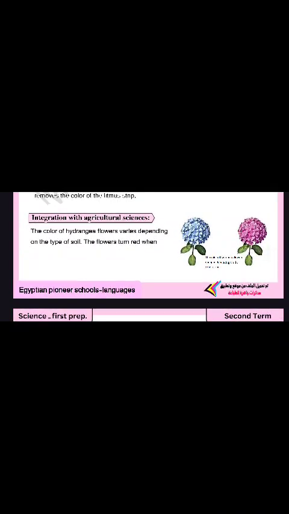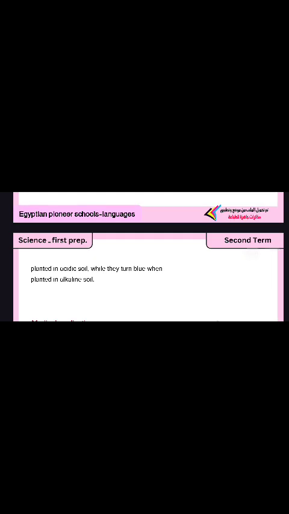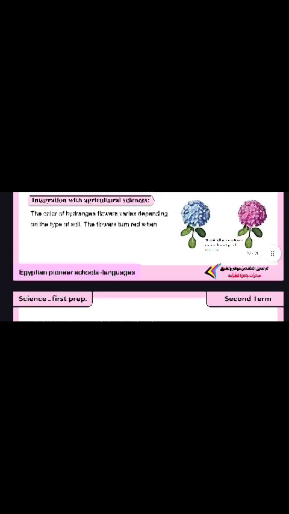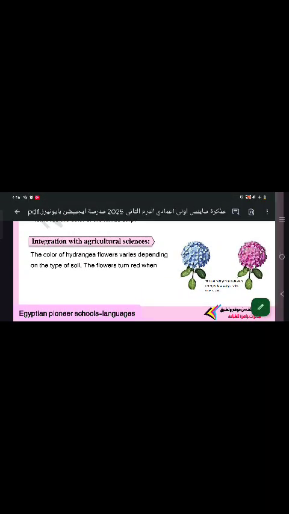Integration with agricultural sciences: the color of hydrangea flowers varies depending on the type of soil. The flowers turn red when planted in acidic soil, while they turn blue when planted in alkaline soil, as you can see in the picture in front of you.